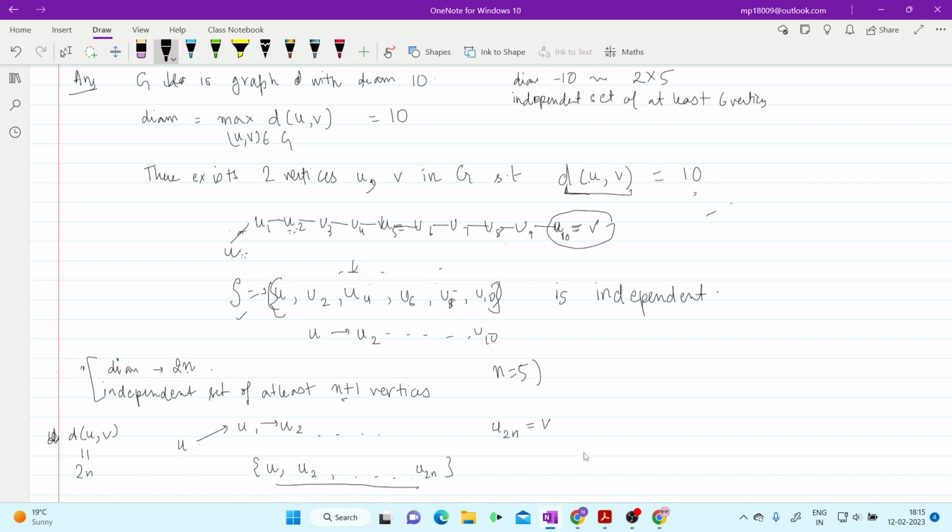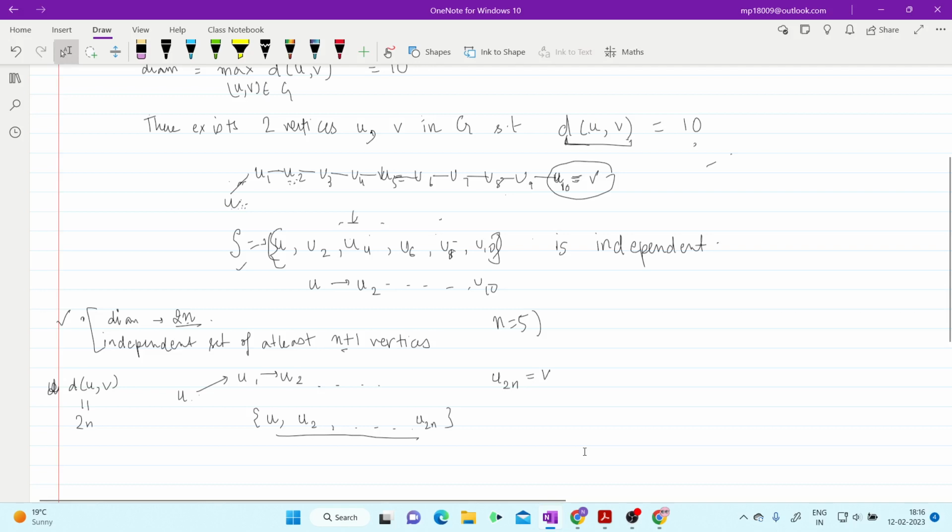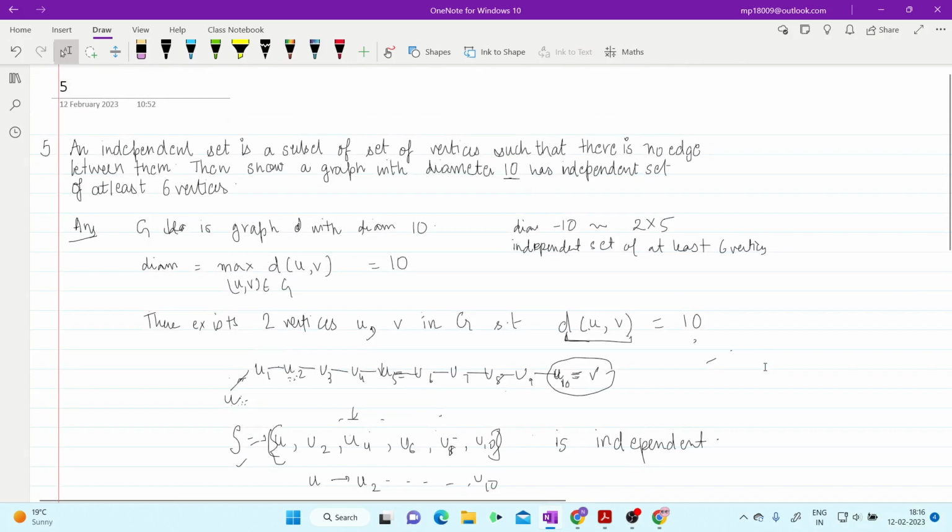So this example can be generalized: if the diameter of a graph is 2n, then it will have an independent set of at least n plus 1 vertices. Is this question fine? Okay.